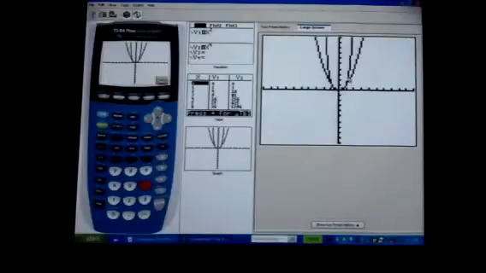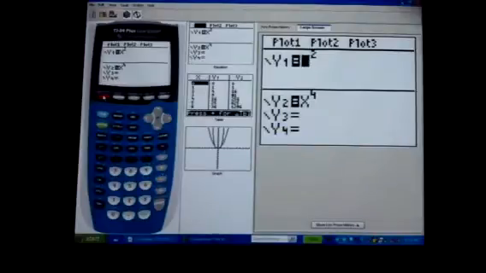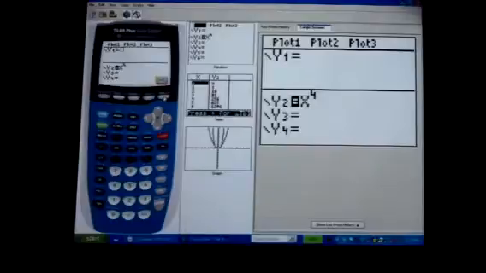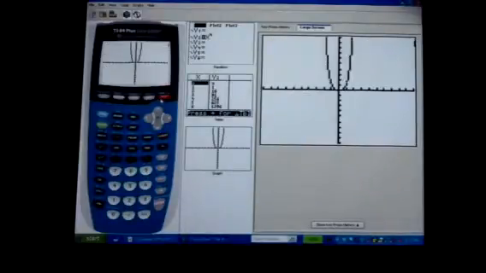And maybe it's a little hard to tell here, but it's a little bit flatter at the bottom than the x squared. What I can do is clear out x squared for just a second and just graph x to the 4th. Can you see right here how it looks a little flatter than the other one?